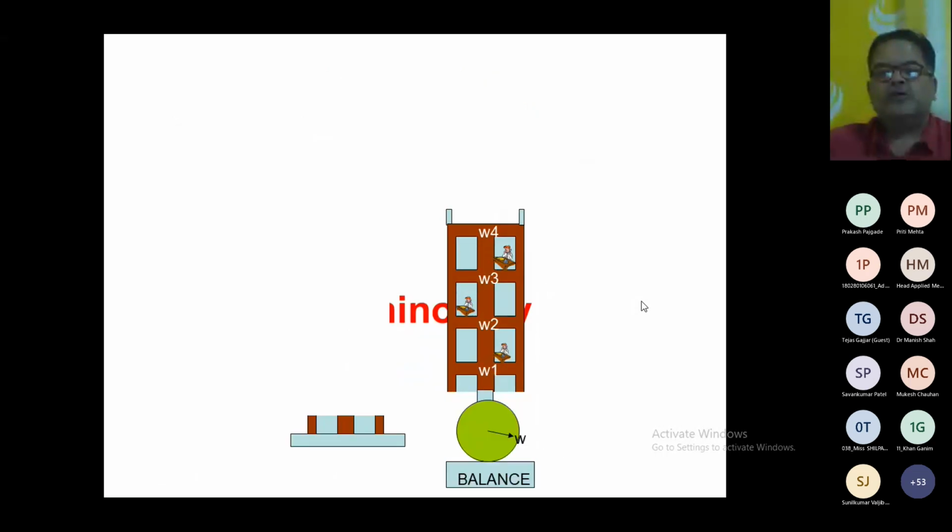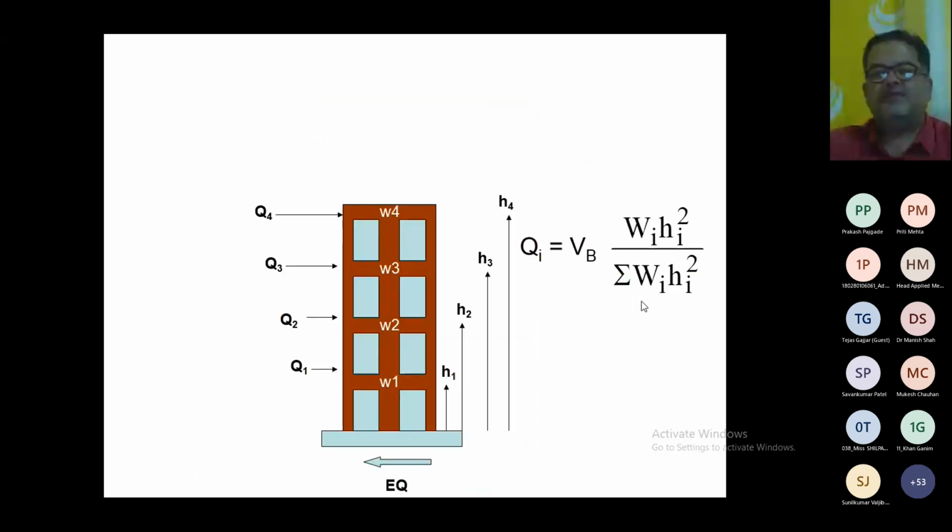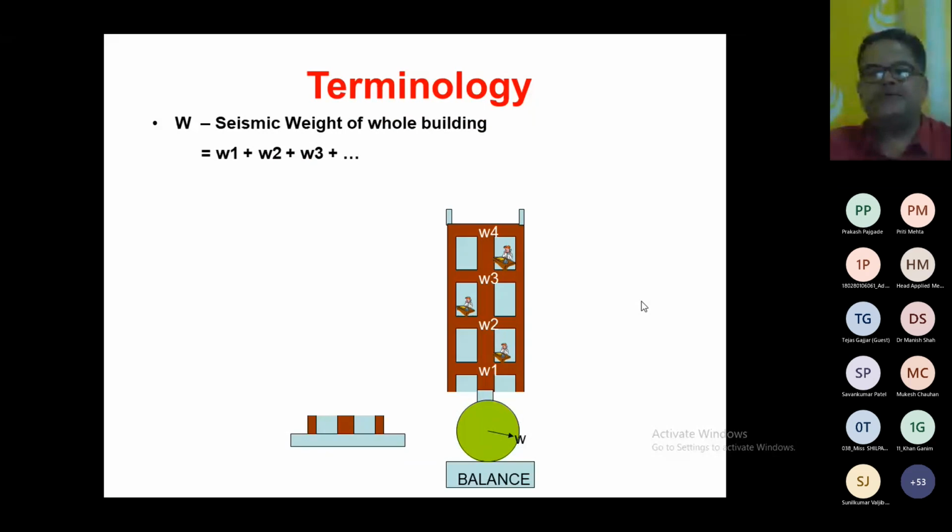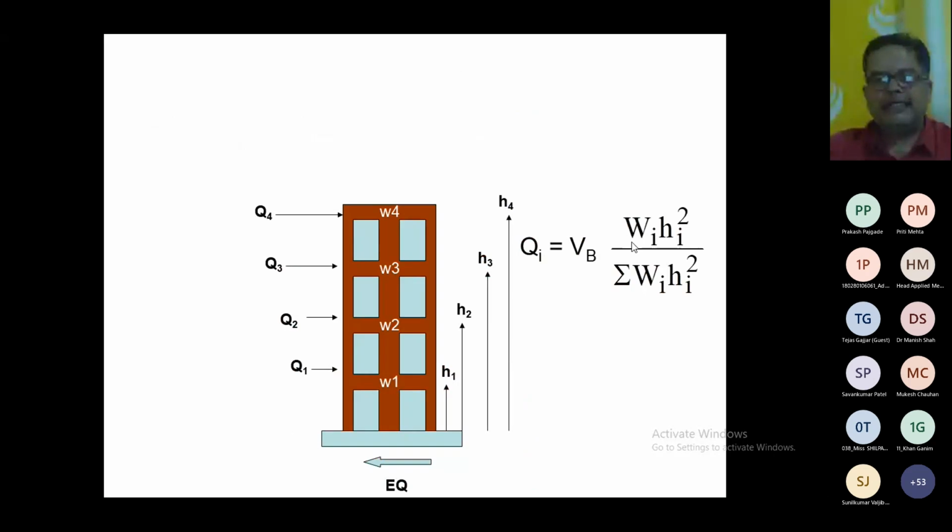Here is the seismic weight of the whole building, and the heights we are calculating are h1, h2, h3 like this. This is h1, this is h2, this is h3, the height of floor number 1. H2 means the height of floor 2, h3 the height of floor 3, h4 the height of the 4th floor, right?